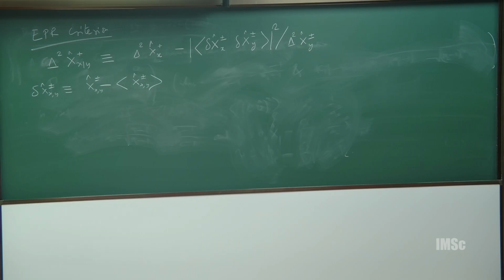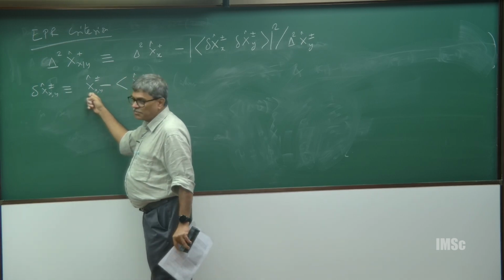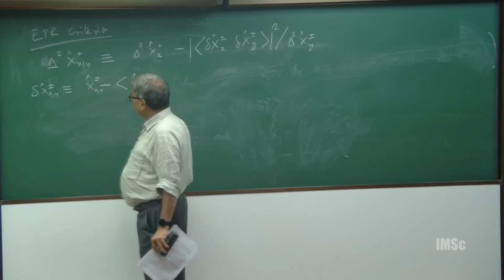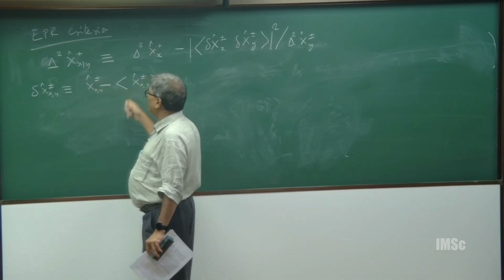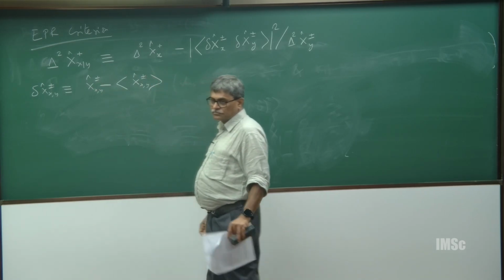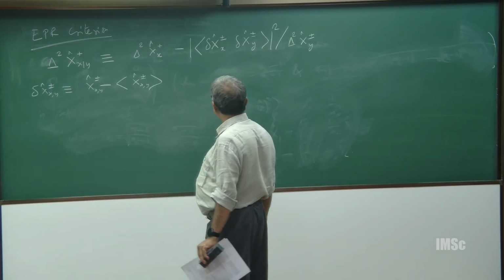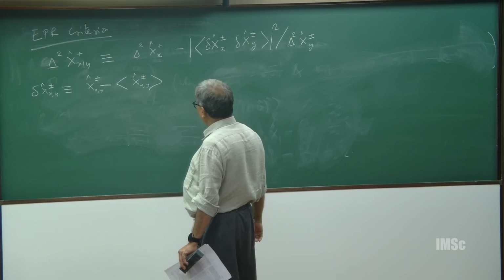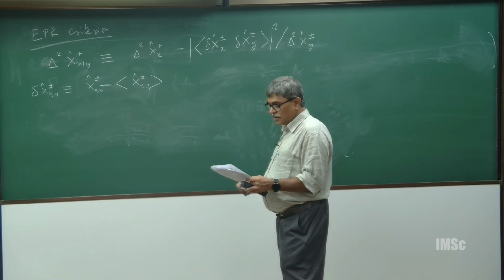Is that clear? So, this is basically the difference between actual position and momentum observable. For plus it is position, minus it is momentum, minus the average value. This is the result that Reid worked out.